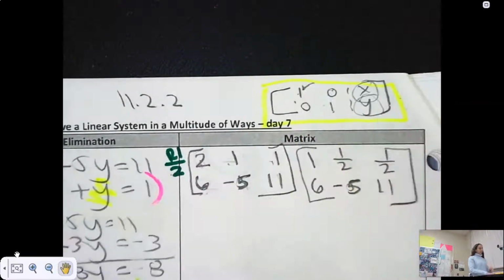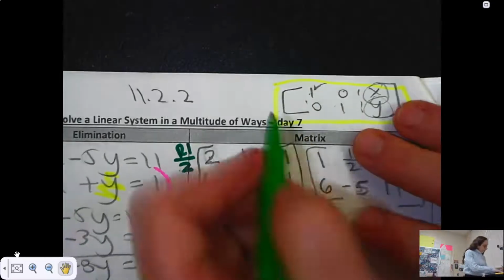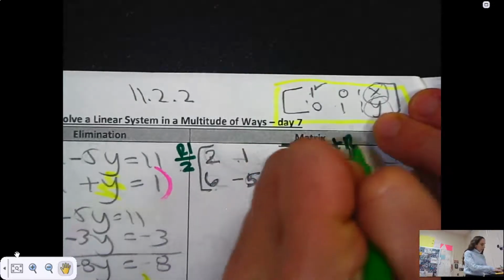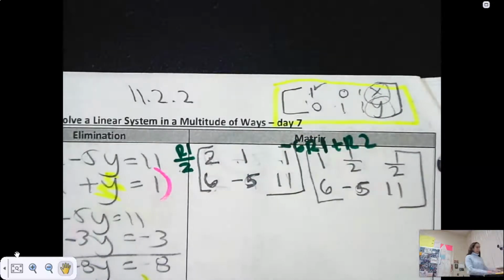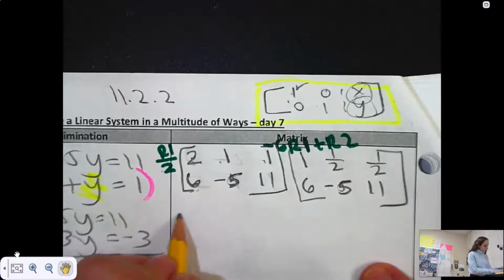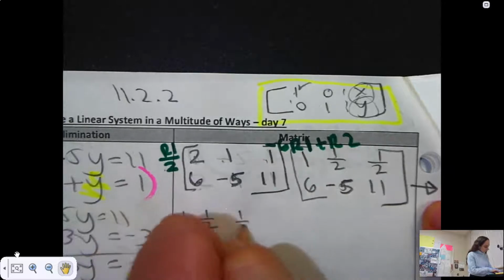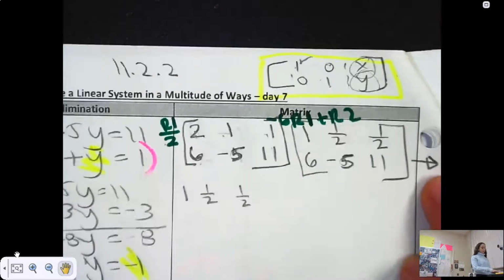Now I want to get the 0. The way that I could get the 0 is I could go negative 6 times the first row and then add it to the second row. Now, I'm not actually going to change the first row. I'm just going to use it to help me get the second one. So the first row does not change.